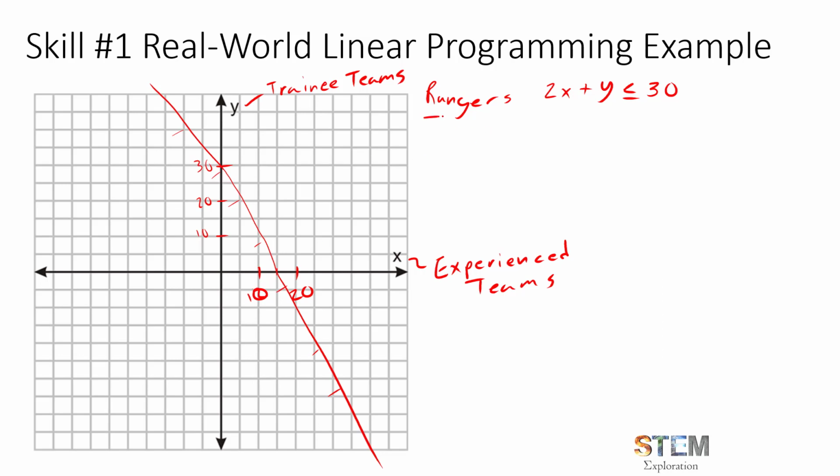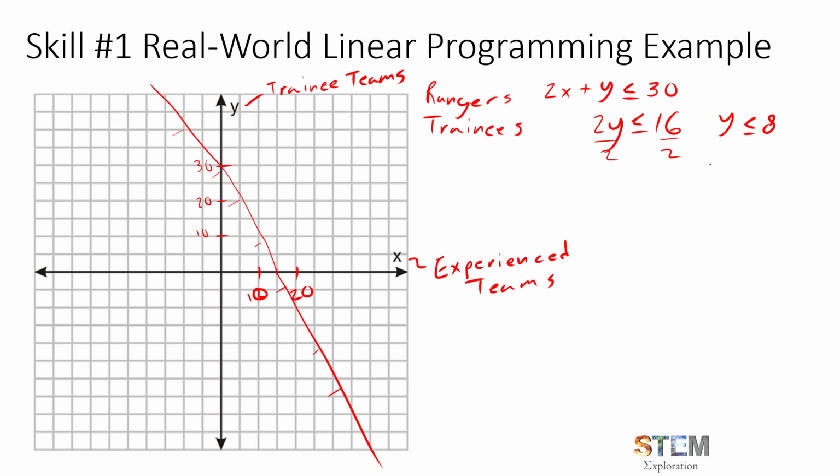And now we're going to take the trainees into consideration here. So the trainees, I need 2 trainees for every training team. All right, and so with that, I know that this inequality has to be less than or equal to 16. All right, and so with this given circumstance, I'm going to write this inequality as such, and just real quickly, I'm going to divide both sides by 2 and say that y is less than or equal to 8.